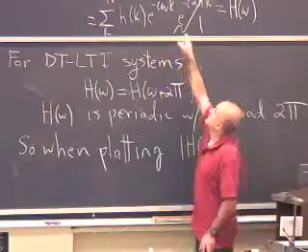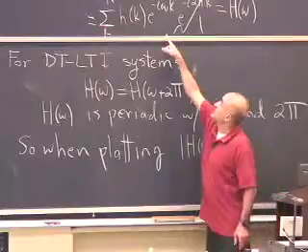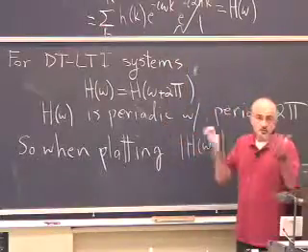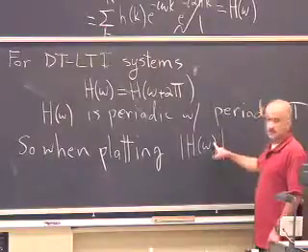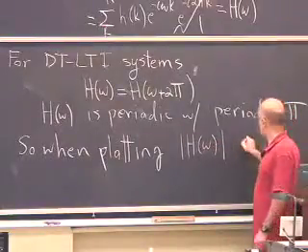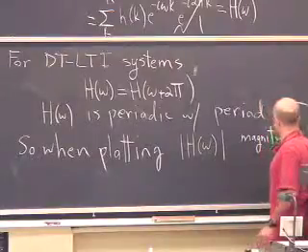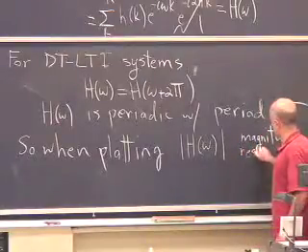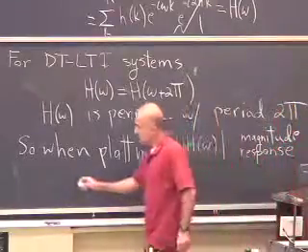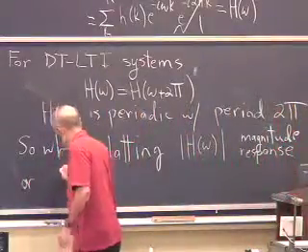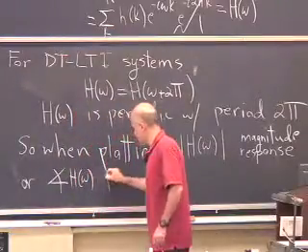But in general, you get all these complex exponentials sitting in the definition right here. So in general, you get a complex valued function. So usually what we do is we plot the magnitude response. This is called a magnitude response. Or the phase, which is called the phase response.